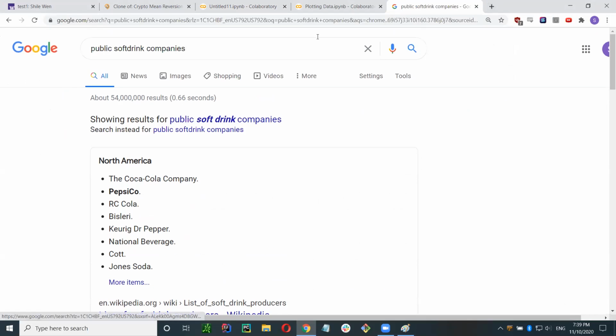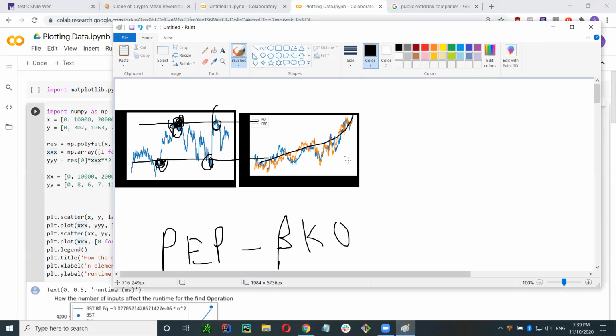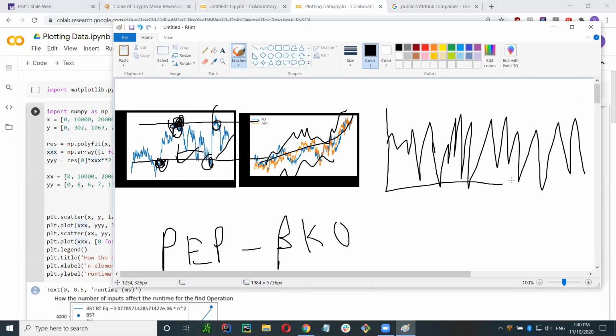We can apply the OLS and find the error terms for multiple things, add a bunch of these, and by adding more, we can optimize the weights to give us better mean reversion. This isn't perfect. You can see it doesn't go all the way down, but once we add more, we might get better mean reversion, something that looks like this.